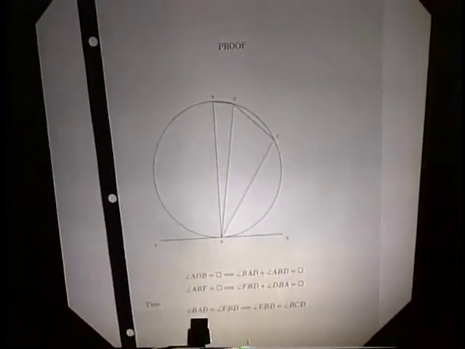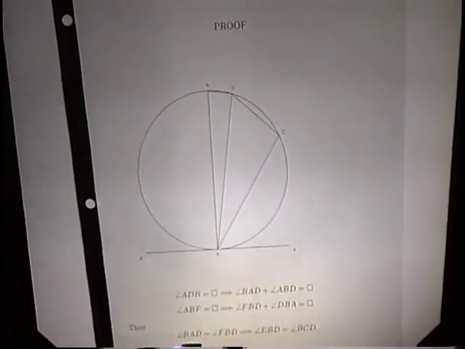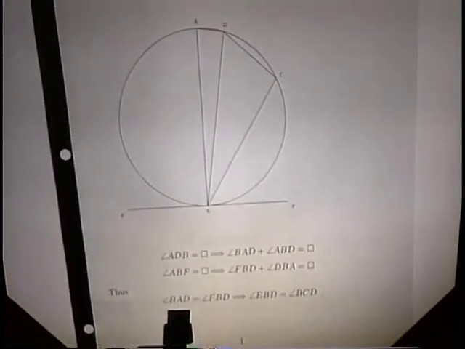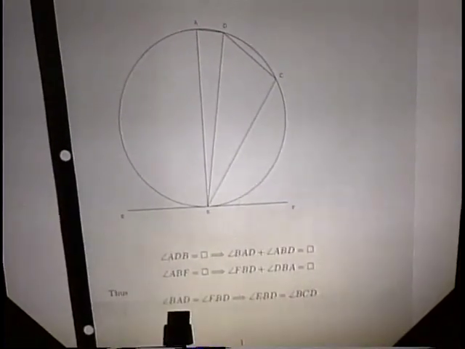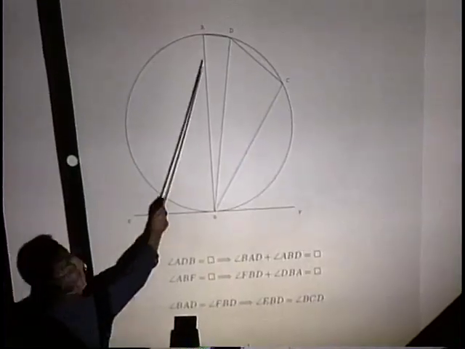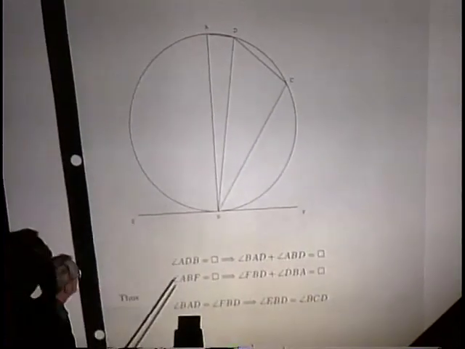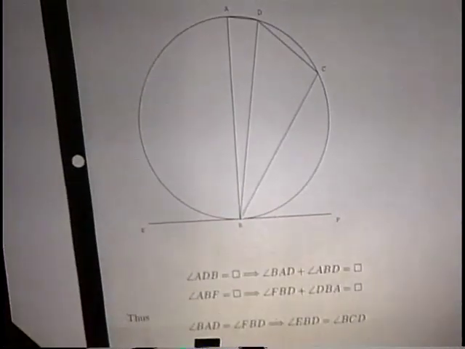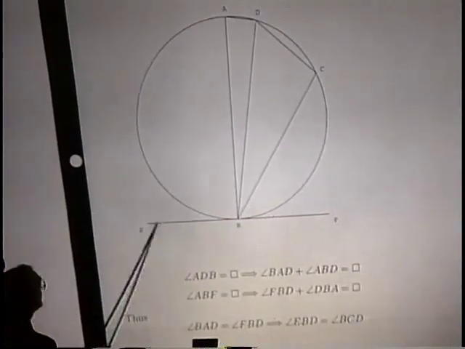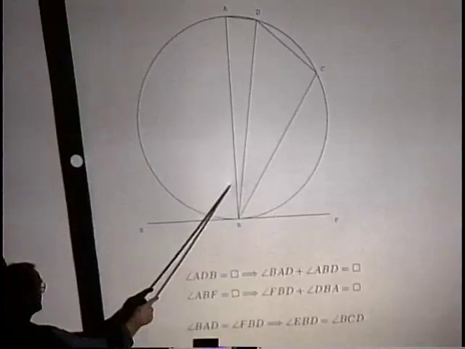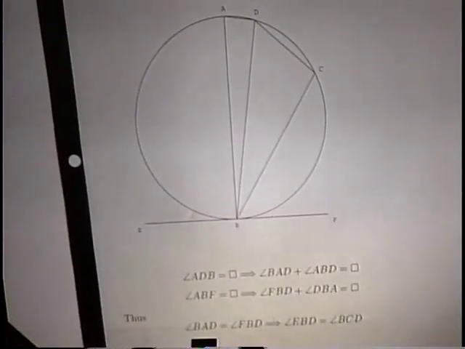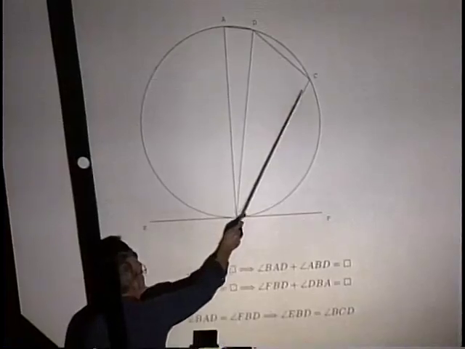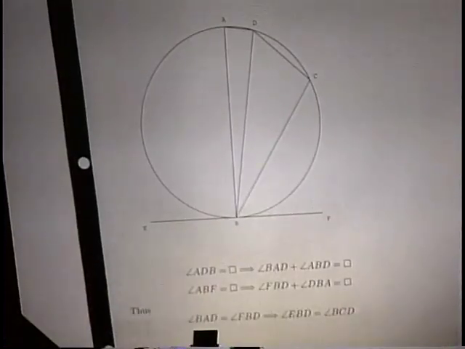BAD and FBD. Now where are we? That's not quite right. We're showing that BAD is equal to FBD, but we wanted to show that EBD, forget whether it's supplementary or complementary, this angle was equal to this. So it's a little bit convoluted, this proof.